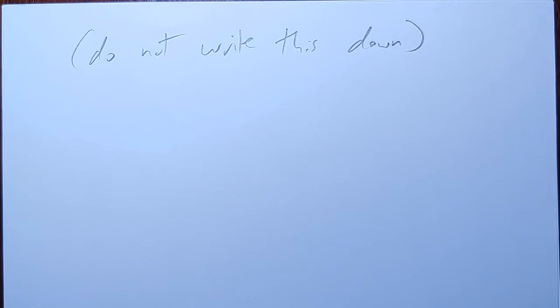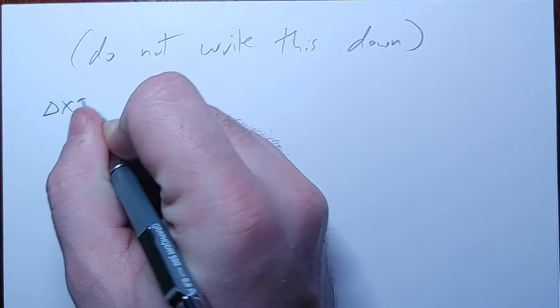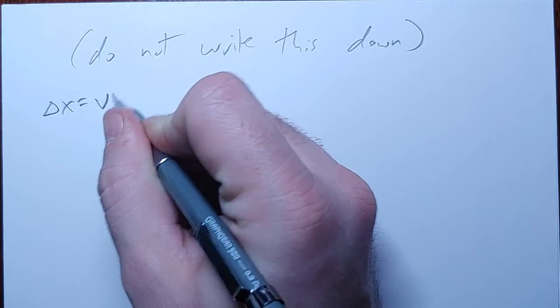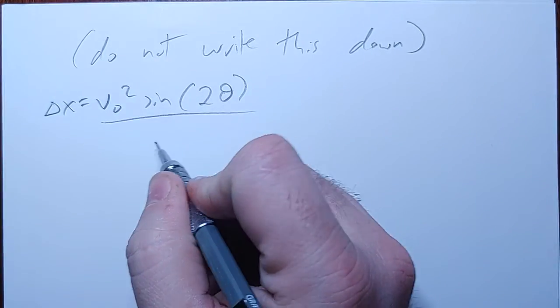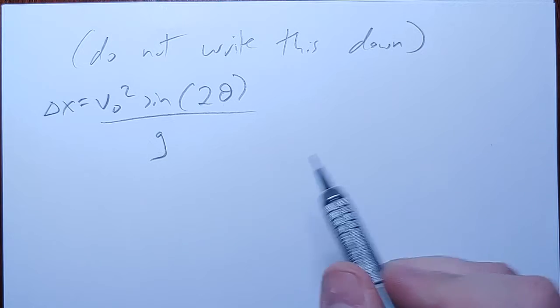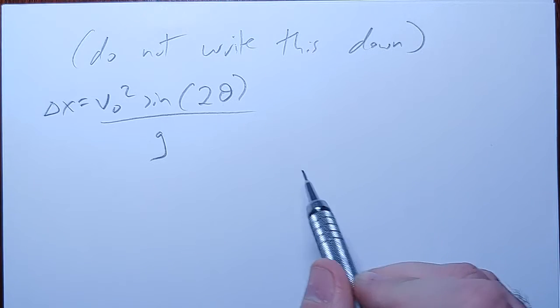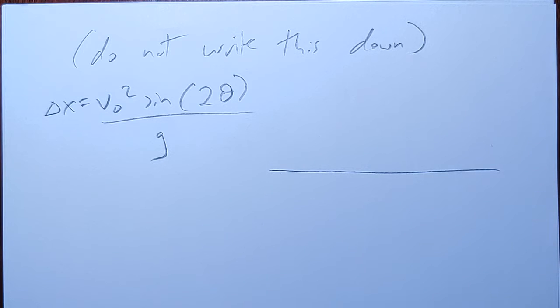So let's remember our special case range equation is that delta x is v naught squared sine 2 theta over g. And so if you think about what's going on, what we found, and this should make sense, is that there's two angles you can fire something at to have it land in the same spot.